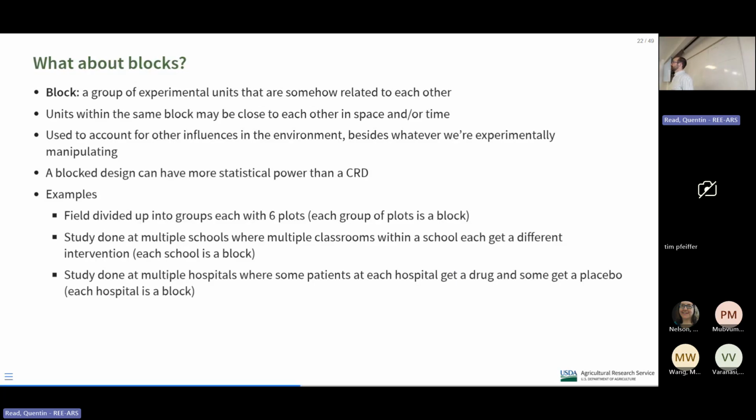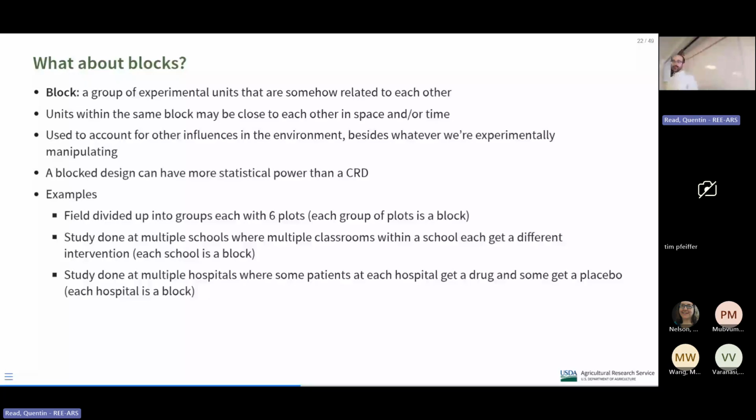Or hospitals would also be an example, where you have many patients at each hospital, some of which get a drug and some get a placebo. The hospital is a block because you would think patients in the same hospital are more likely than not to have similar responses than patients from different hospitals. We don't necessarily have to say why that is, but we just think that that is the case.